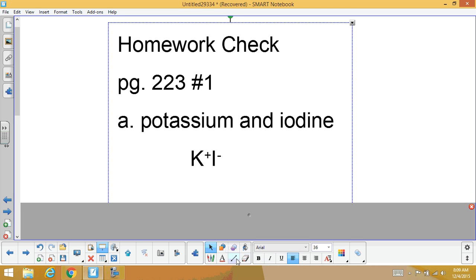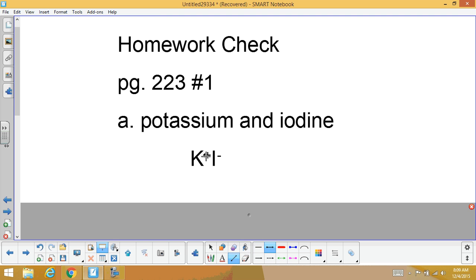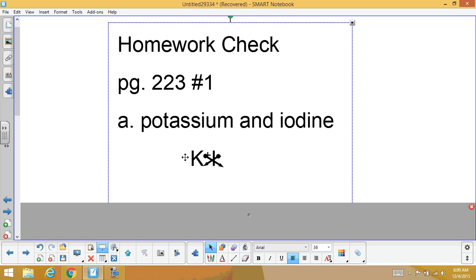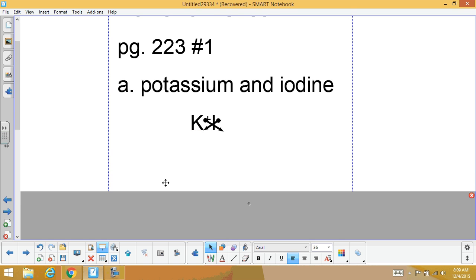We take our arrows, cross them. Now, since they are like in their common denominator or common factors, they're 1 and 1.